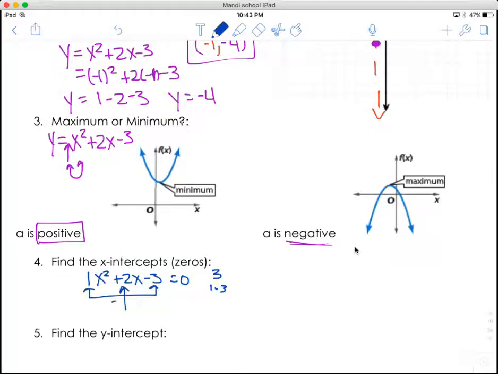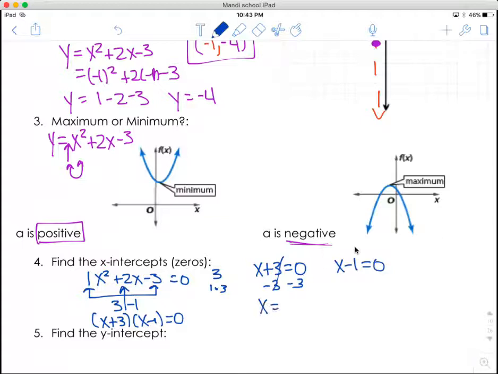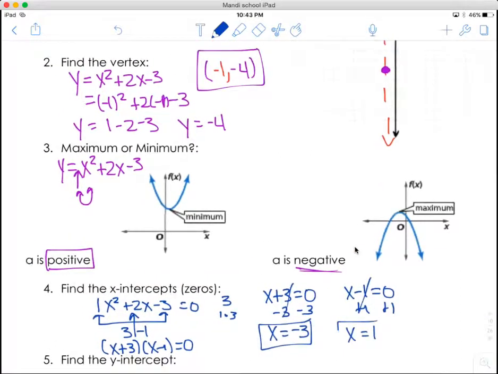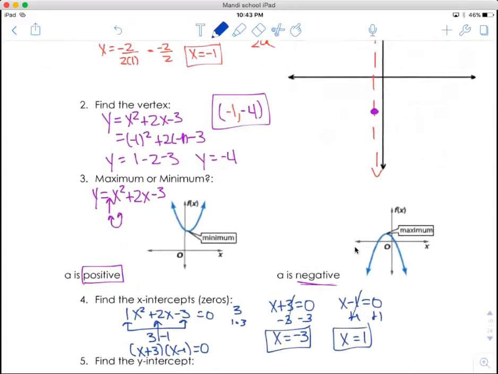And if I take 3 minus 1, I get (x plus 3)(x minus 1) equals 0. So set each one equal to 0 and solve. So x is negative 3 and x is 1.